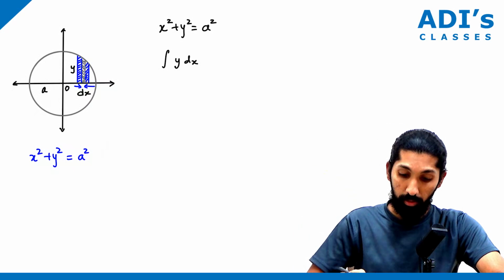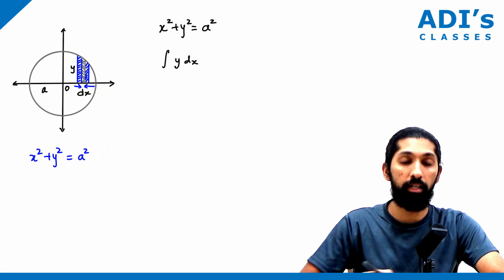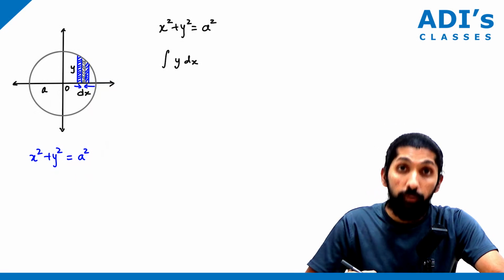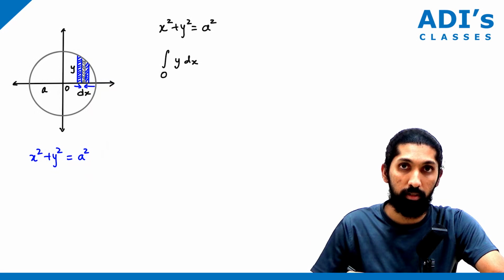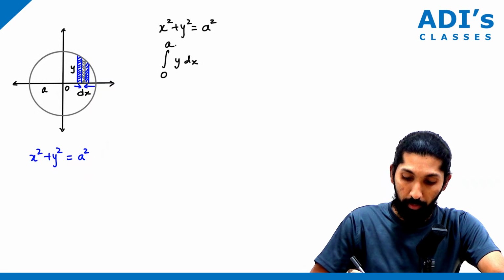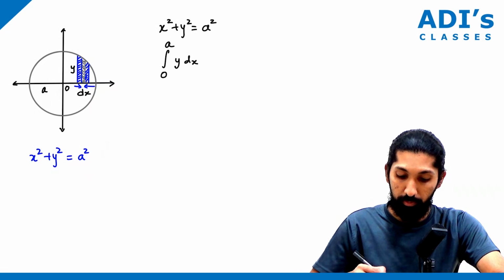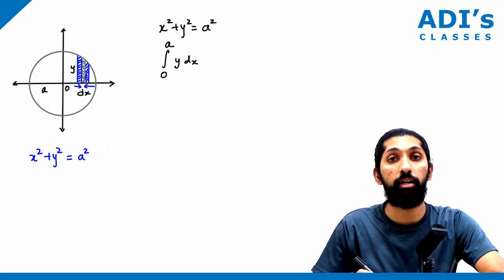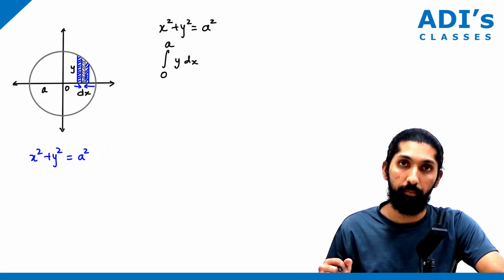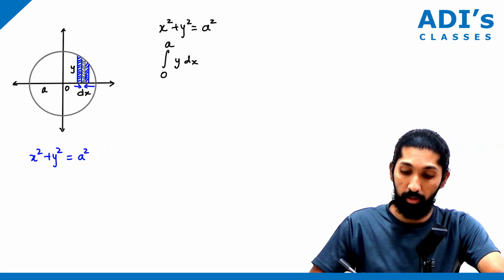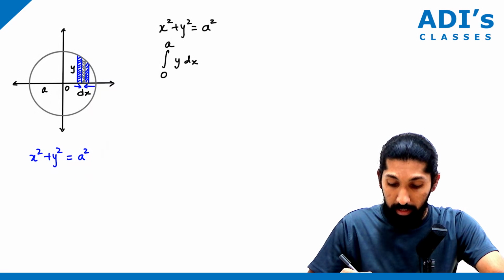So here, the integration of y dx is from 0, that means we start from the origin, and finally go to the point A, which is a point on the circumference of the circle. So the integration of y dx from 0 to A.